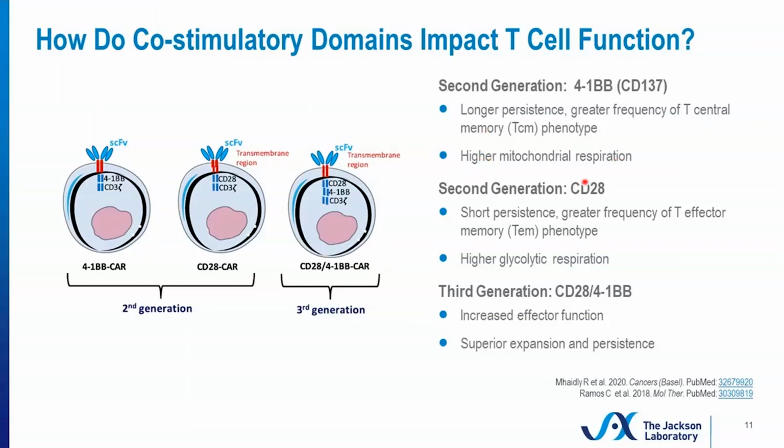If you use CD28 alone, you tend to have a shorter persistence, greater frequency of T effector memory phenotypes, and that leads to them being shorter lived. And they have a higher glycolytic respiration. And generally speaking, when you include both of those co-stimulatory domains, you have increased effector function coupled with superior expansion and persistence.